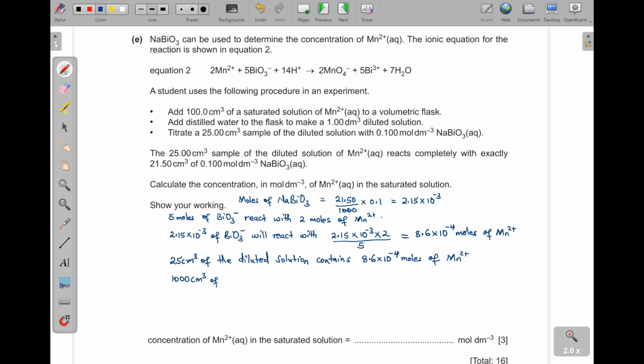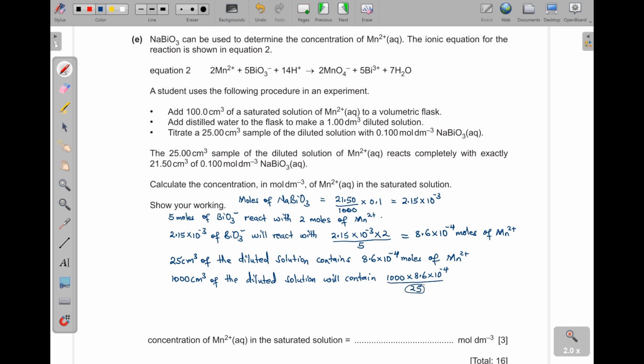Then how about 1000 cubic centimeters of the diluted solution? It will contain 1000 times the 8.6 times 10 to the power negative 4, then we divide by 25.